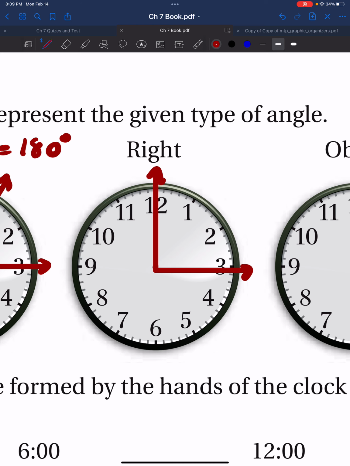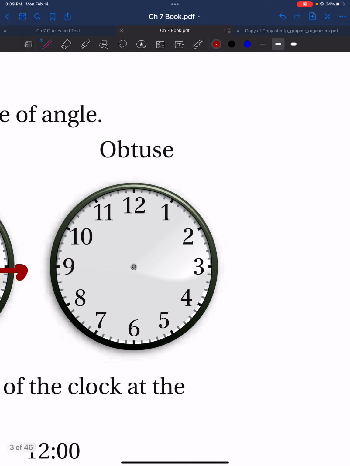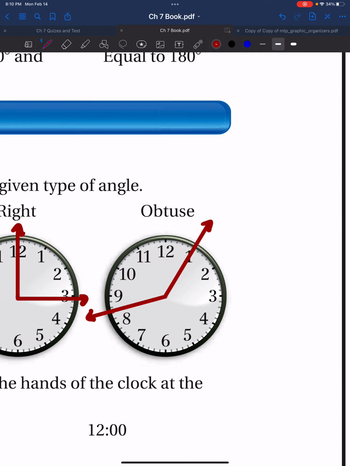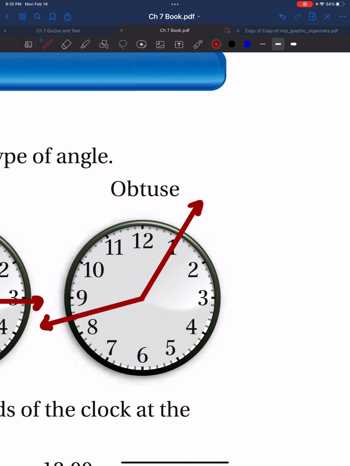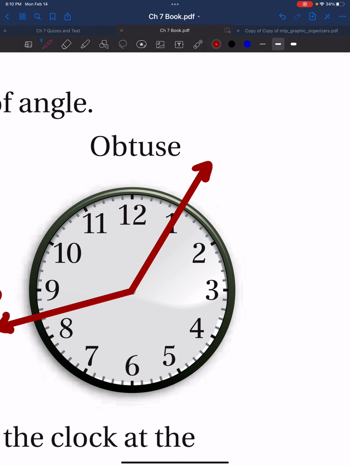Don't forget your arrows. And obtuse as a moose. Okay, so draw my ray. And obviously it won't be anything over here. This would be about 90 degrees. So anything greater than 90, I could even stop right there. Obtuse. This is kind of a cool angle because you see how it's obtuse both ways?